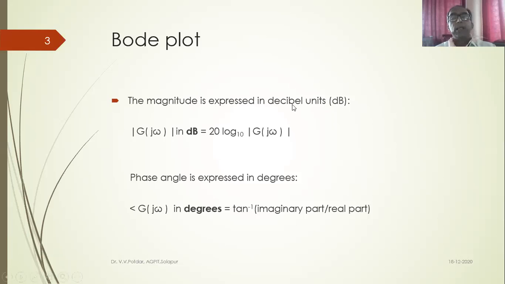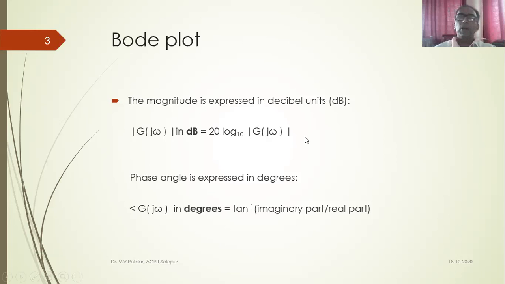Magnitude is expressed in decibel units. Now, what are decibel units? If you were attentive while studying the subject of measurements or instrumentation, we must have studied sound or acoustic measurement. For sound measurements, we use this decibel scale, decibel, from bell. A tenth of that bell is a decibel. So what is this decibel? Decibel is 20 log to the base 10 of a given parameter.